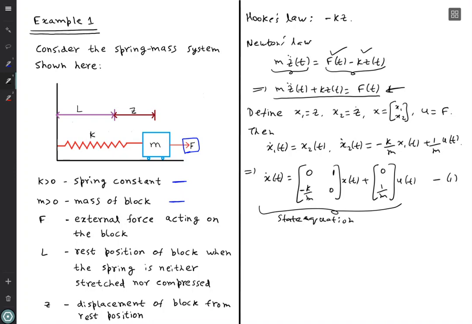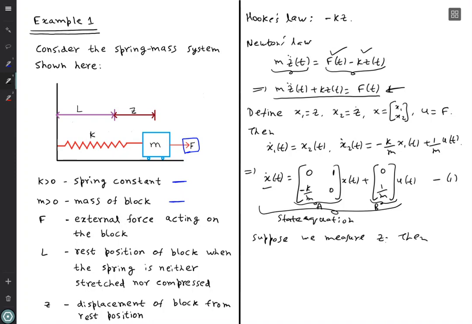x is a two-dimensional vector which is the state. This 2 cross 2 matrix is the state matrix A, and this 2 cross 1 matrix is the input matrix B. Suppose we are measuring the position of the block. Suppose we measure z.